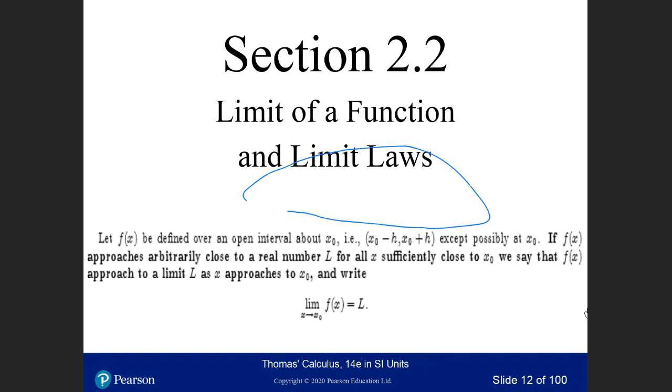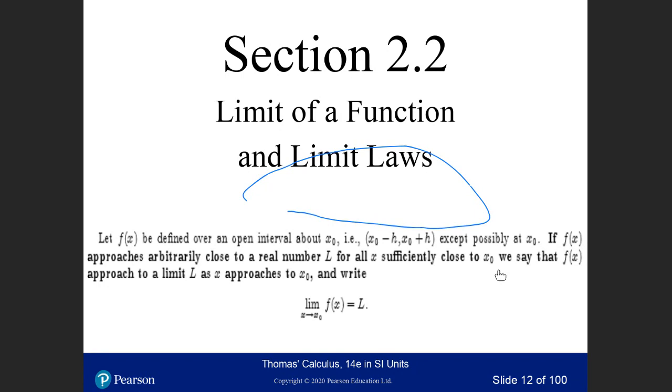Then we write it like this: limit as x goes to x0 of f of x is L. Approaches arbitrarily close or sufficiently close, these are not really mathematical concepts. These are crude concepts. We will give a more precise definition of the limit later on.